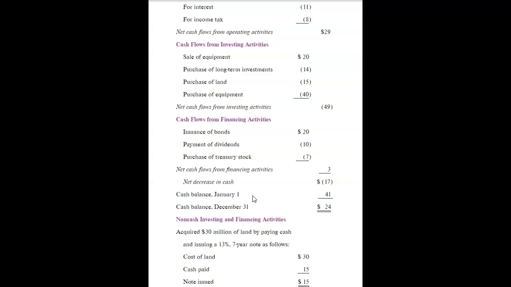We have the years. Go ahead and put the years in. So cash balance January 1st, 20x2. You'll take that from your balance sheet. And adding the net increase or decrease in cash to the beginning cash balance should calculate the ending cash balance.